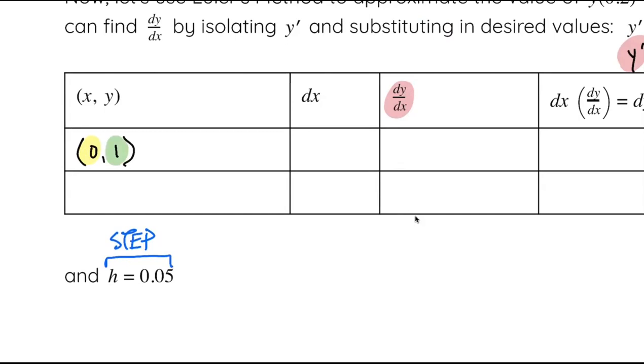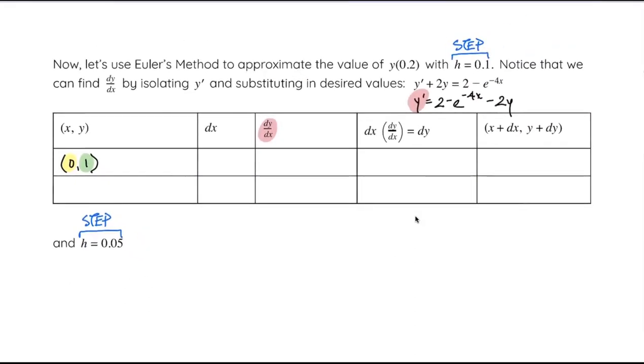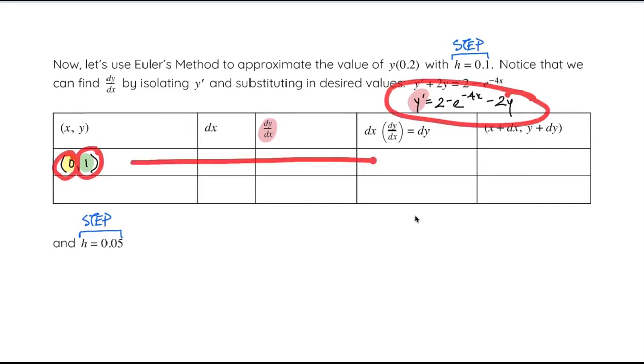What Euler's method means is that we're basically going to add a little bit to the x and add a little bit to the y and get a new point. That's what this whole first line is going to tell us. We're going to add a little bit to the 0 and a little bit to the 1, using dx and dy, and we're going to get a new point at the end.